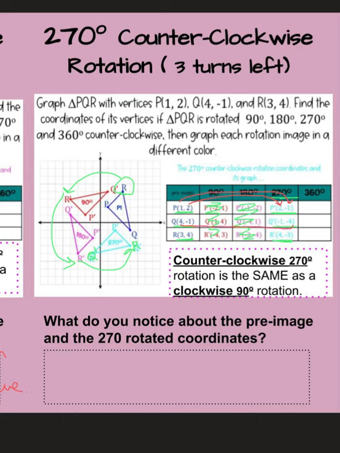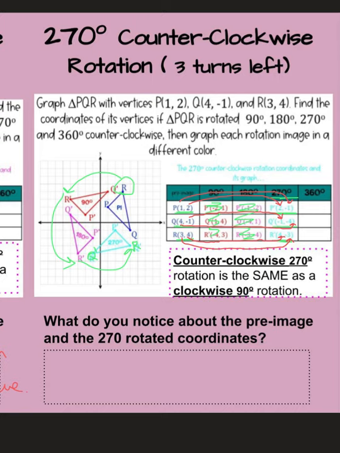Now the 4 went into the y position and became a -4, so it became the opposite. And the y value was -1. It moved into the x spot and stayed a -1. Same thing on the last one. The x coordinate was 3, and the 3 moved into the y spot, became the opposite, and the 4 for the y coordinate switched into the x position.